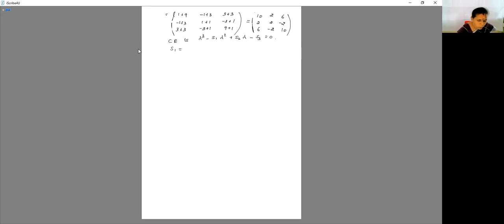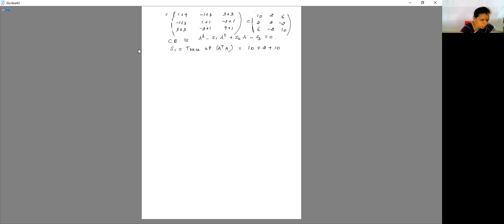Where S1 equals the trace of the matrix, that is the sum of the diagonal. So it is the trace of A transpose A, since for this matrix only we are finding eigenvalues. The trace is nothing but the sum of diagonal elements. So it is 10 plus 2 plus 10.